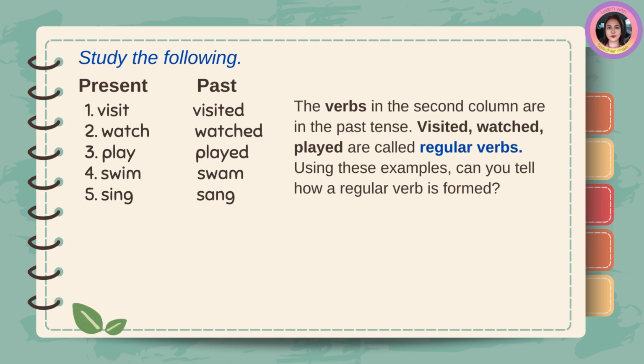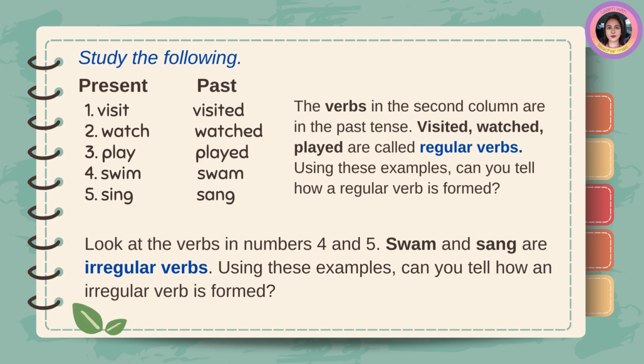Visited, watched, played are called regular verbs. Using these examples, can you tell how a regular verb is formed? Look at the verbs in Numbers 4 and 5. Swam and sang are irregular verbs. Using these examples, can you tell how an irregular verb is formed?